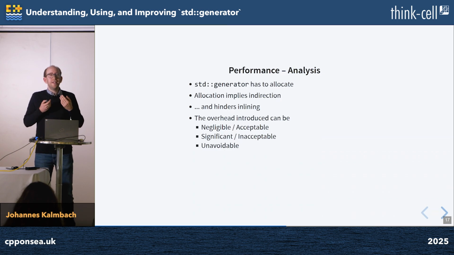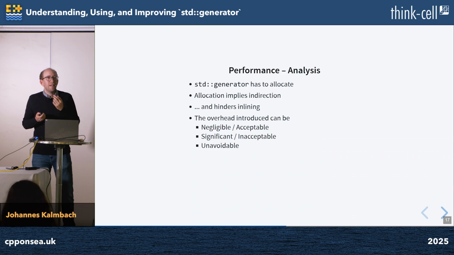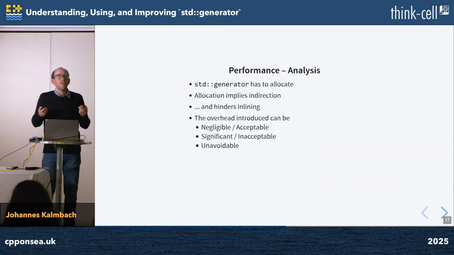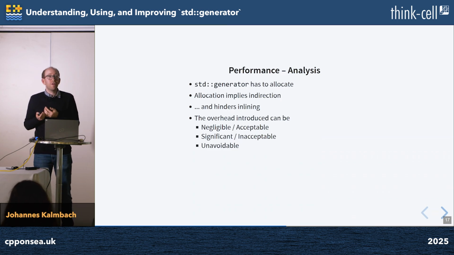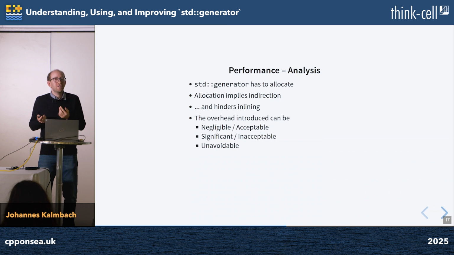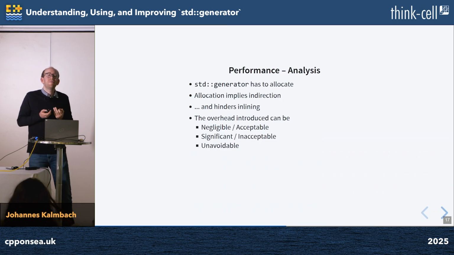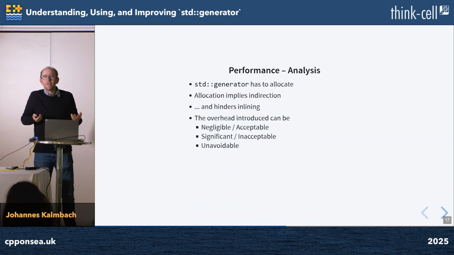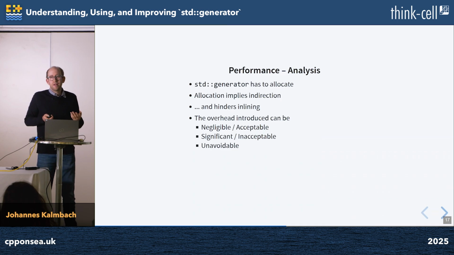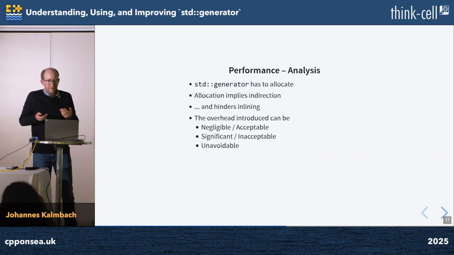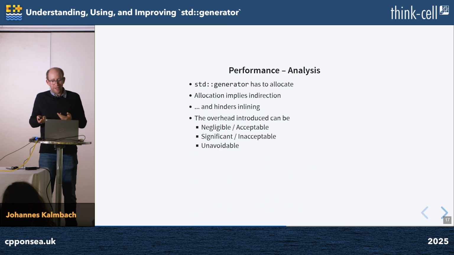For example, if you need type erasure because something has to be linked in at runtime or has to be decided on at runtime which thing to use, or sometimes you need indirection to keep your compile times at bay. And then if this overhead is unavoidable, then according at least to this initial benchmark, we might as well use the generator for the task because it's then not additionally slower than the alternatives we can use in that case.